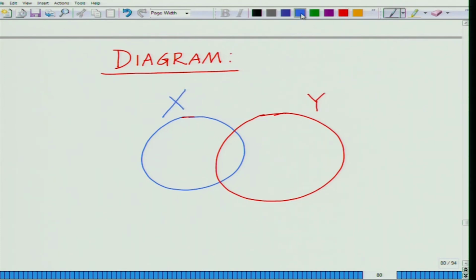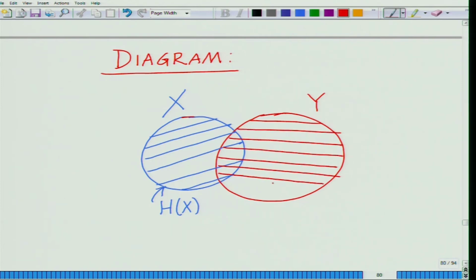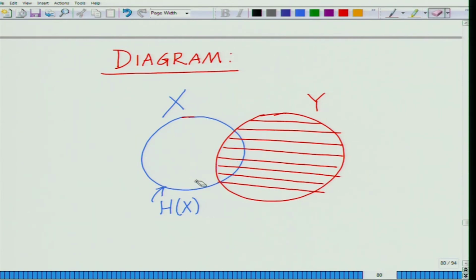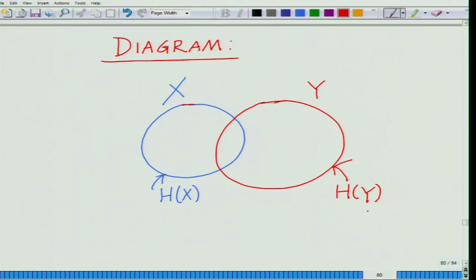Now, if you look at this, this whole thing represents the information H(x), and this whole thing represents H(y), information in x, information in y.